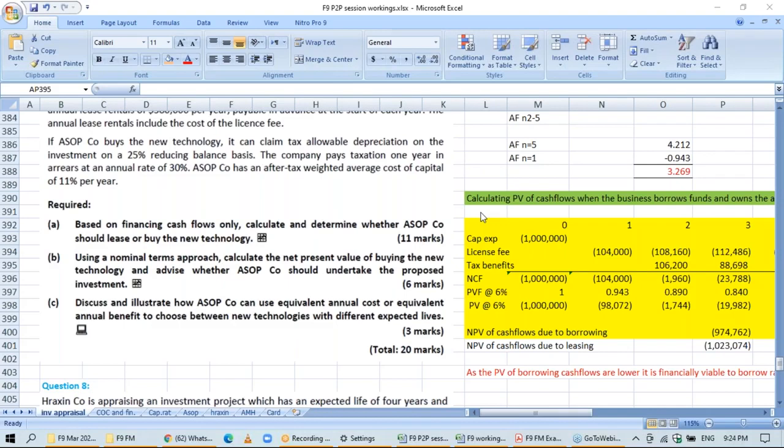Okay, Bilal asked a question that why haven't we considered the cost of license fee in the calculation of NPV? I haven't considered the license fee in NPV because I have already considered it in calculating the financing cash flows.